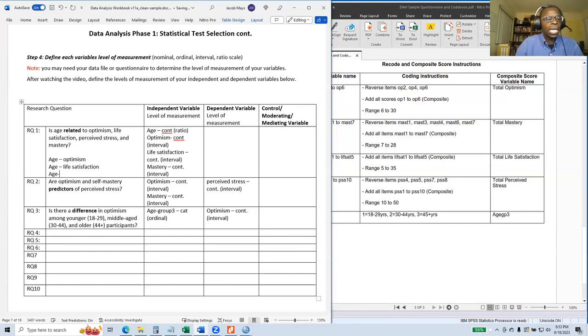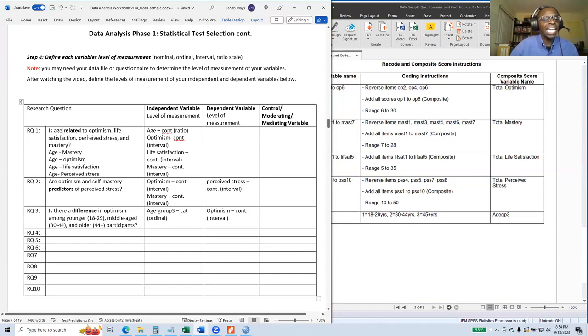Age and perceived stress. Age and mastery. All right. So whenever you see this type of question, it's age in relationship to all of these individually.